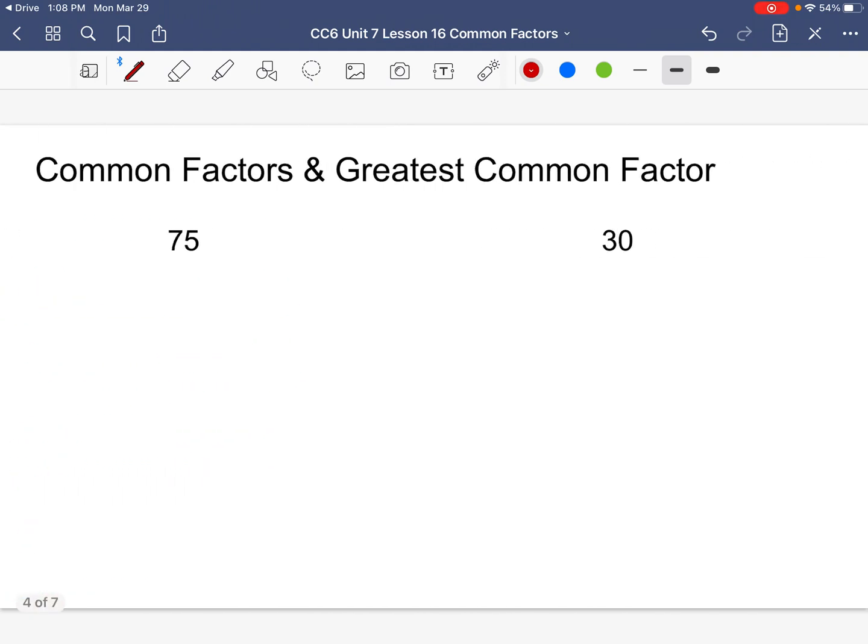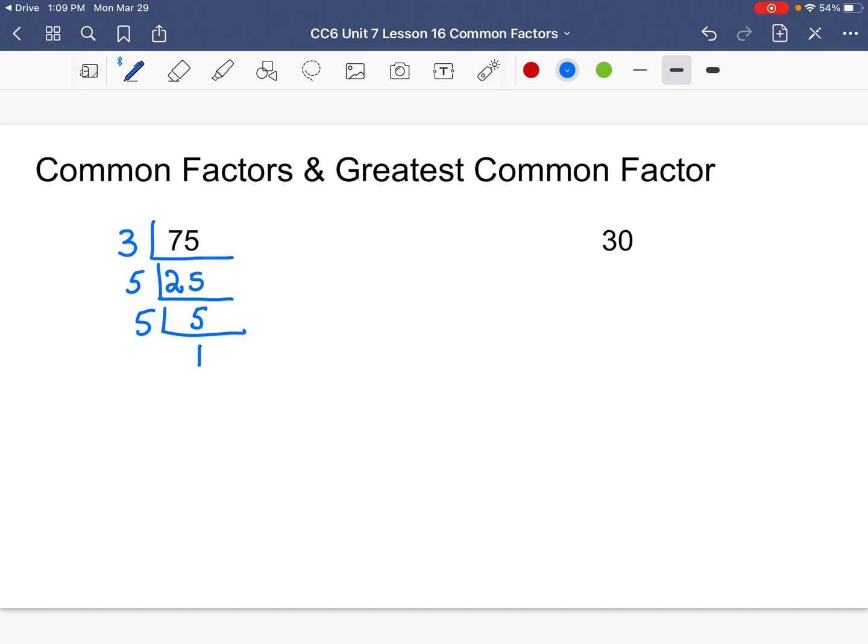Another way to organize your work is to divide these repeatedly. So let's start with 75. And what's the lowest number I can divide 75 by? I can't divide by 2, I can divide by 3. So 3 times 25 is 75, and I can divide 25 by 5, and I get 5 times 5, and then I can divide that by 5 again and get 1.